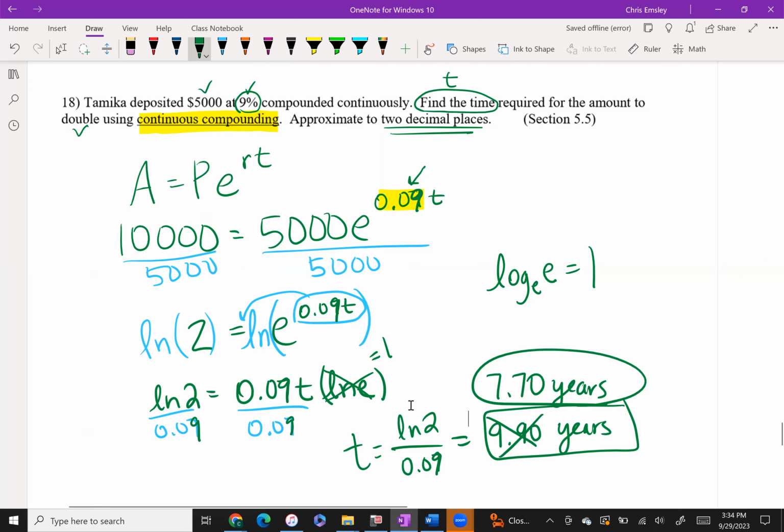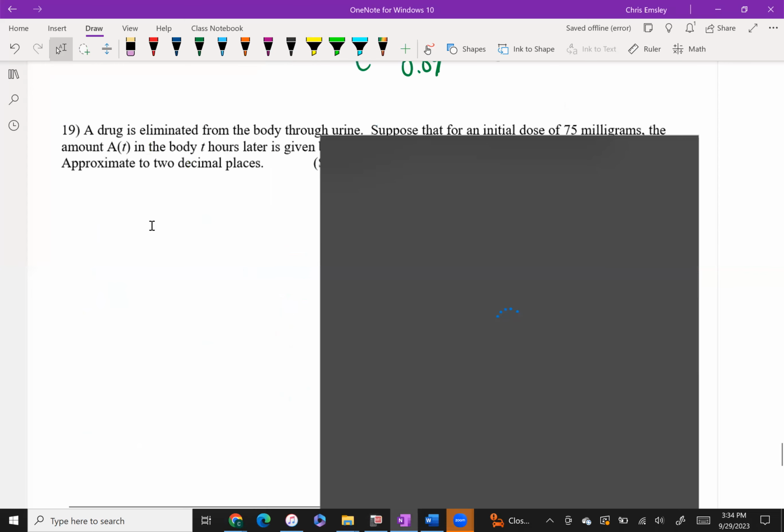And number 19, a drug is eliminated from the body through urine. Suppose, oh, go away box. Sorry, I clicked on something. It'll go away in a second. Suppose that for an initial dose of 75 milligrams, the amount A of T in the body, yeah, go away.